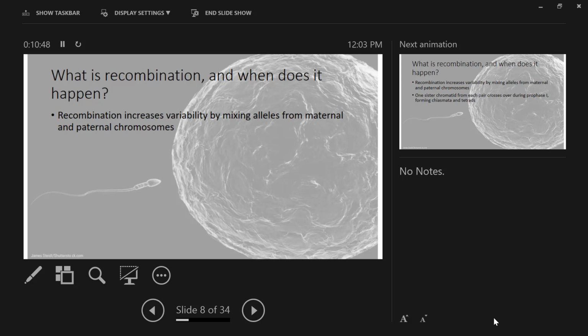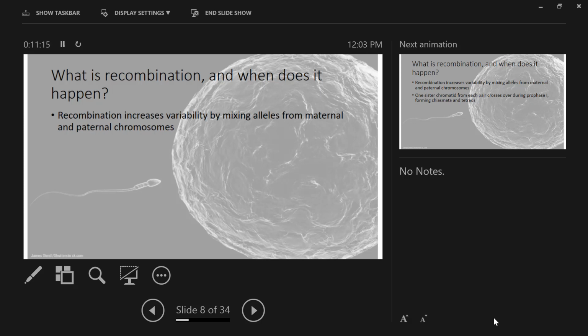When you make gametes, you will put chromosomes into those gametes that have never existed before, because they are a combination of your mom's chromosome 1 and your dad's chromosome 1. So the chromosome 1 you put into your gametes is a unique version that's never existed before. And the same thing is true for chromosome 2 and chromosome 3 and following.